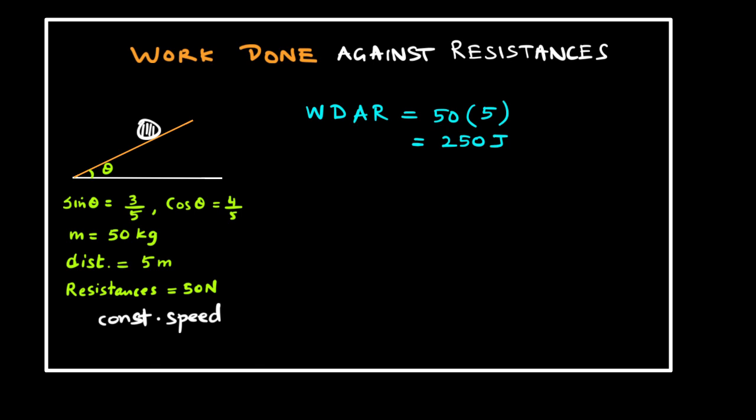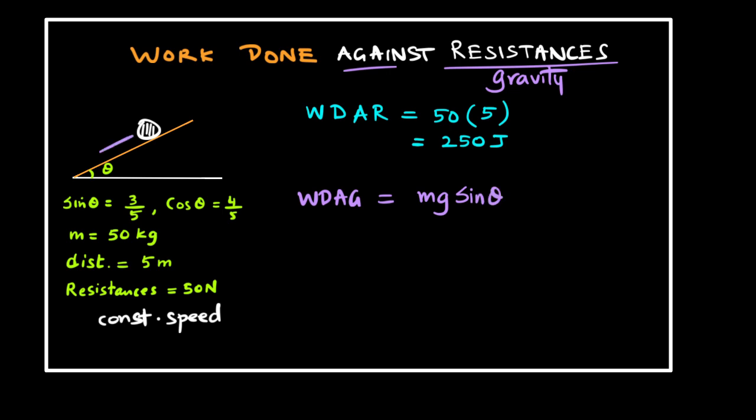Similarly, if I'm interested in finding work done against gravity, so therefore I have to use the formula work done against gravity. I'll just use one of them, that is mg sine theta, the weight component of the particle down the plane into the distance d that it moves.